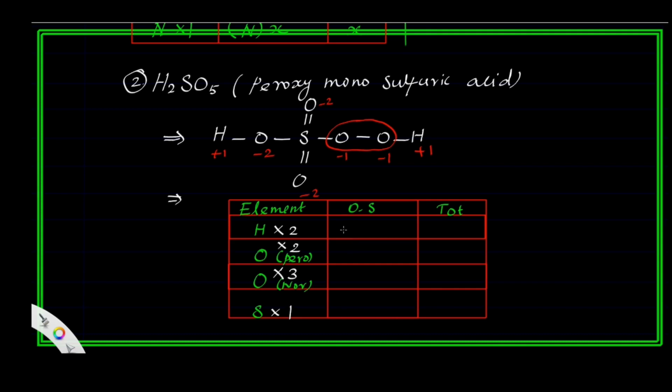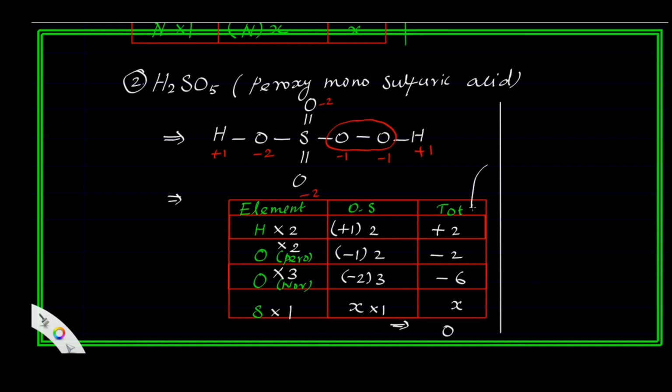Oxidation numbers: hydrogen has +1 into 2, peroxy oxygens have -1 into 2 times, and normal oxygen has -2 into 3 times, and sulfur is the subjected atom, so it has X into 1 time. On the total, +2 -2 -2 into 3 is -6, plus X is equal to 0.